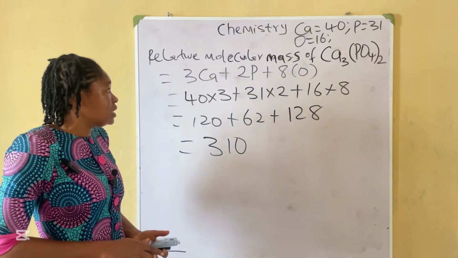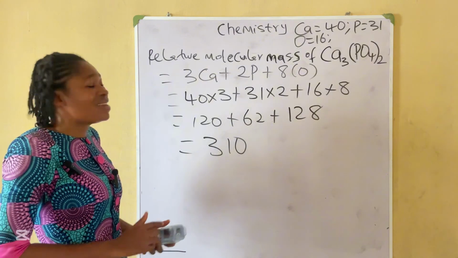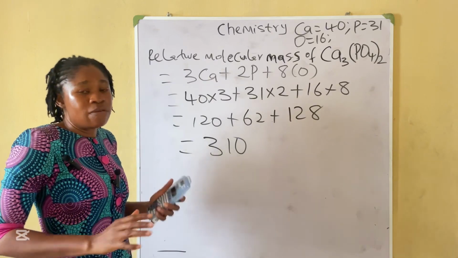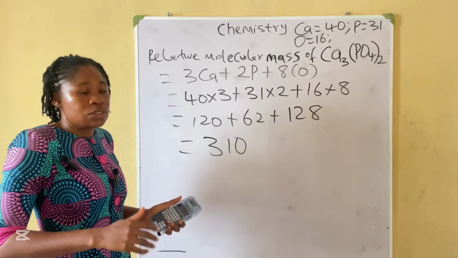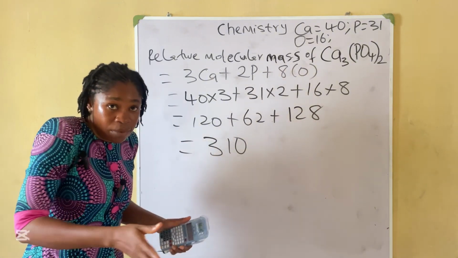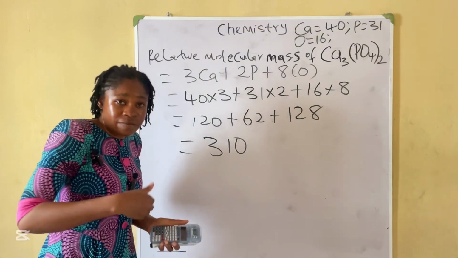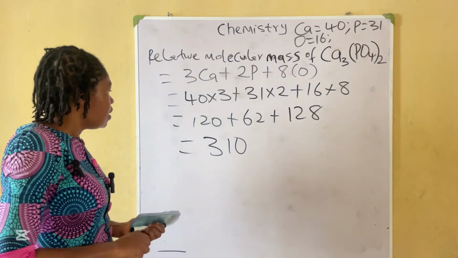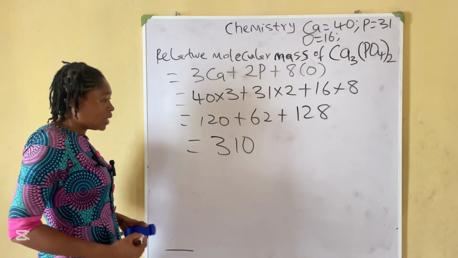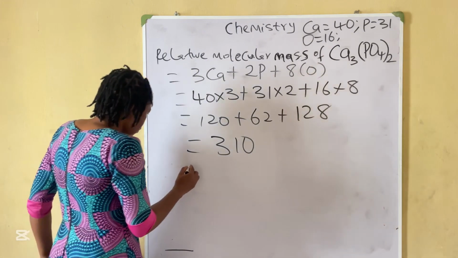So what happened is that if you're asked to calculate the relative molecular mass of any compound, it's very easy. You just take the relative atomic mass of each element present in that compound times the number of atoms present. If you are asked to calculate the relative molecular mass of a compound in a chemical equation, look at this.